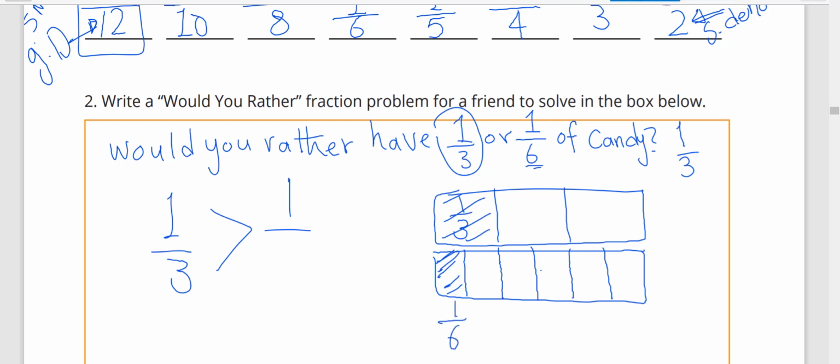So he will choose a third because a third is more than a sixth.